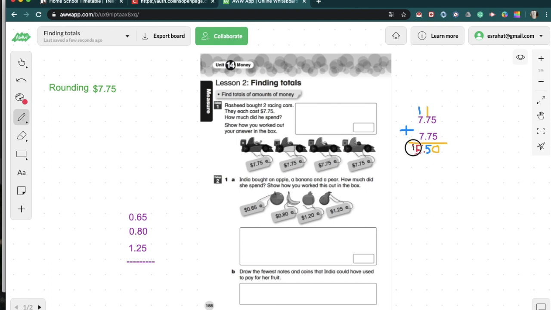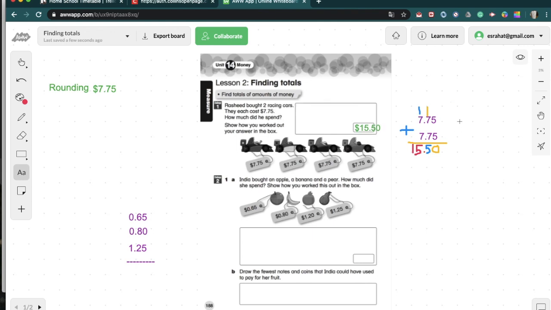So the total is $15.50. We'll write that answer in the box here. Alright, so it's 15. Don't forget the dollar sign at first. Then it's $15.50.